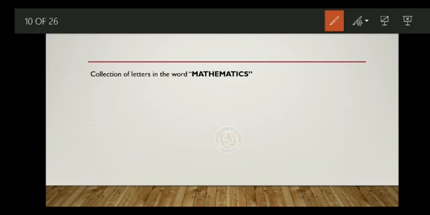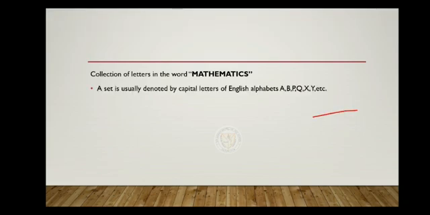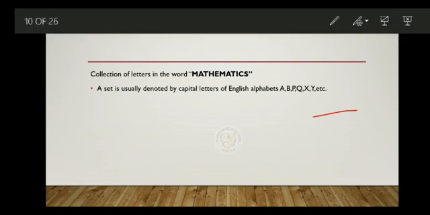Any capital letter, A, B, C, D, E, etc. A set is usually denoted by capital letters of the English alphabet. You can use any capital letter. So I am going to denote this collection of letters in the word mathematics using a capital letter A.